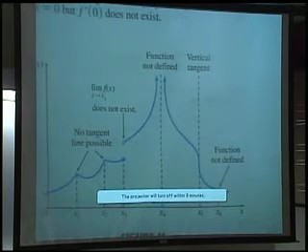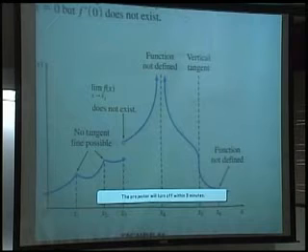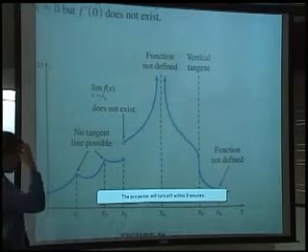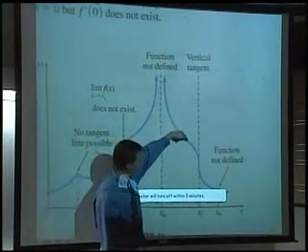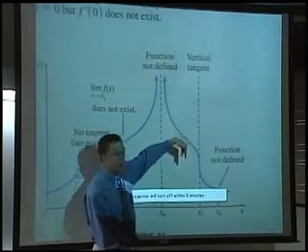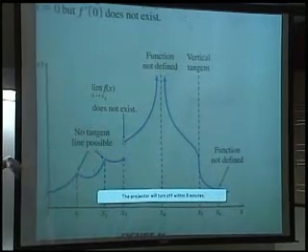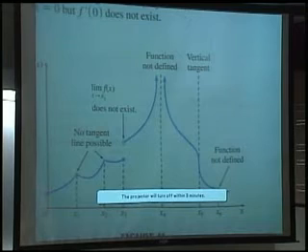The last place is what we call a vertical tangent. Over here on the graph we can see what a vertical tangent looks like. It's where the graph is really, really steep. But the rationale behind that is this.